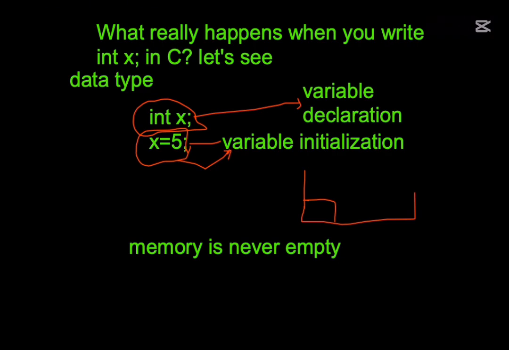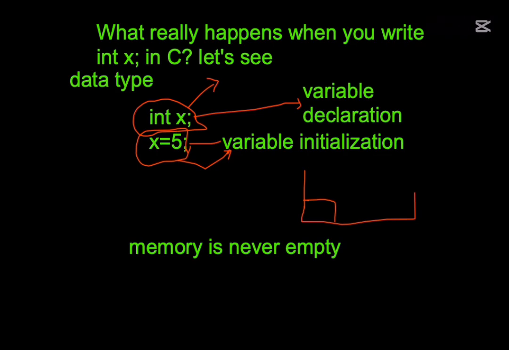So this is what happens when you don't put values after variable declaration, which is this. If you don't put values, what you're going to get is undefined values. So you're going to get garbage.